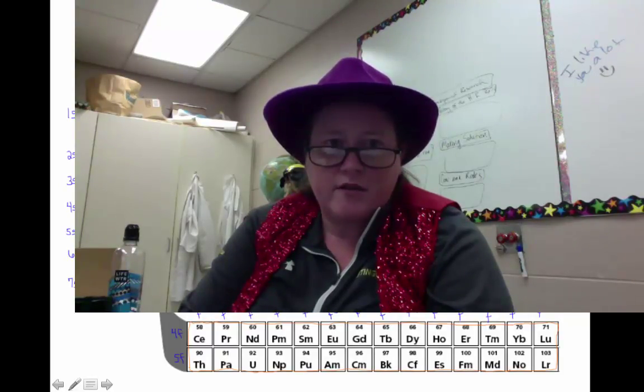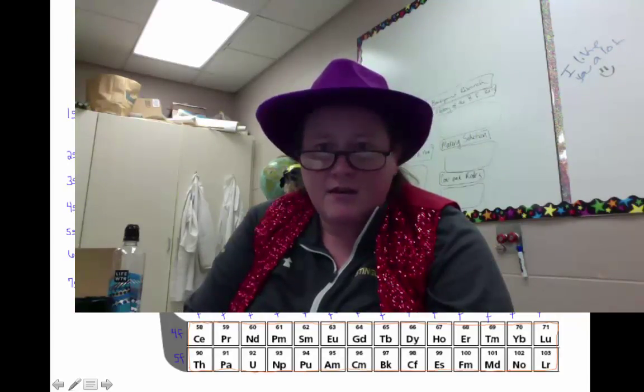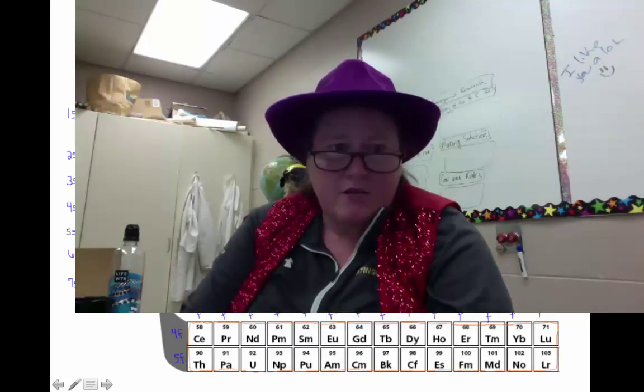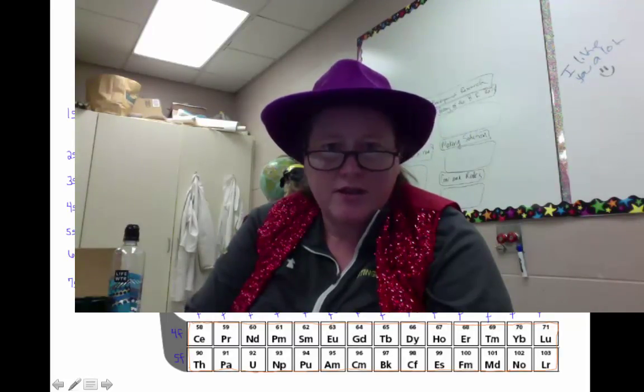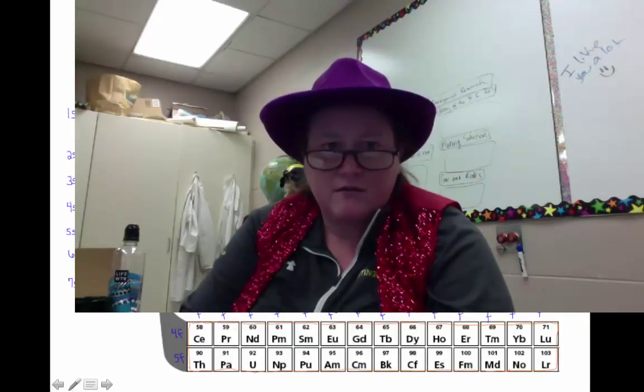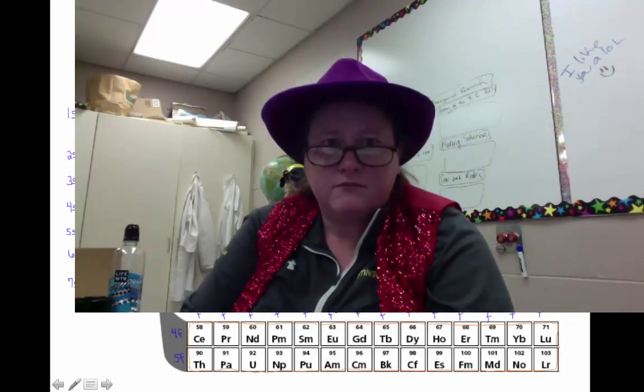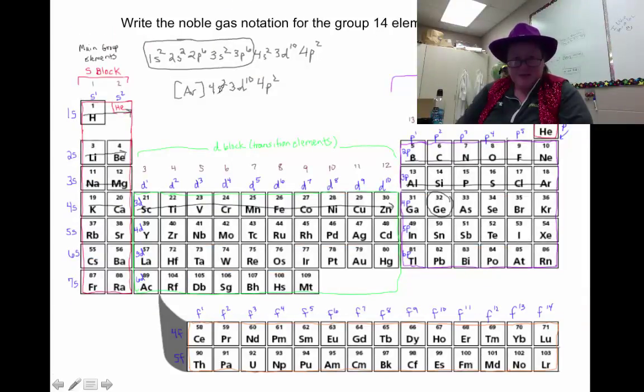So what I'm going to do is put argon in a bracket, and then beyond argon, what do we have? We have a 4s2, 3d10, 4p2. So this is the noble gas notation for germanium.